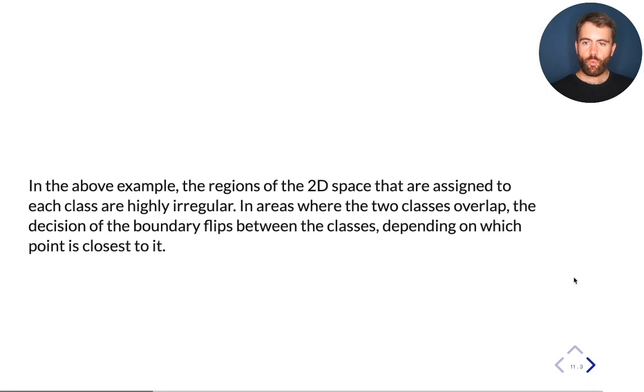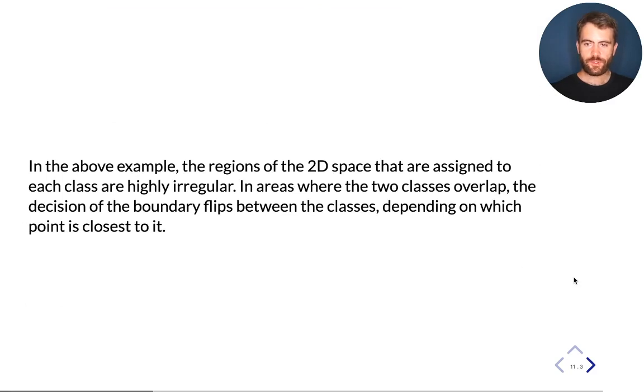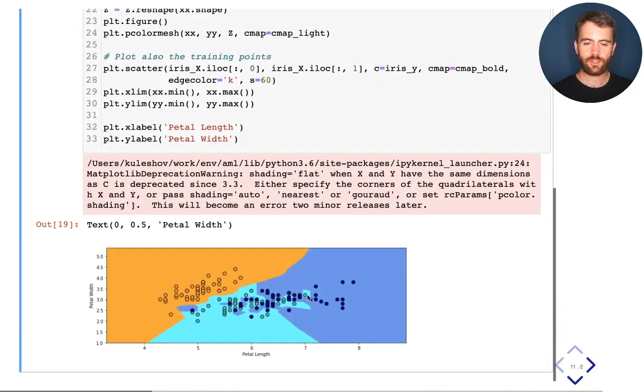So one problem that you may have noticed with this partition is that it's highly irregular. Those regions that I've colored in different colors are highly irregular, and the boundaries between them are also very noisy. In this example, you may see that there's an enclave of light blue in the dark blue region, and that is because we have this one light blue flower that's by itself among this large set of dark blue flowers.